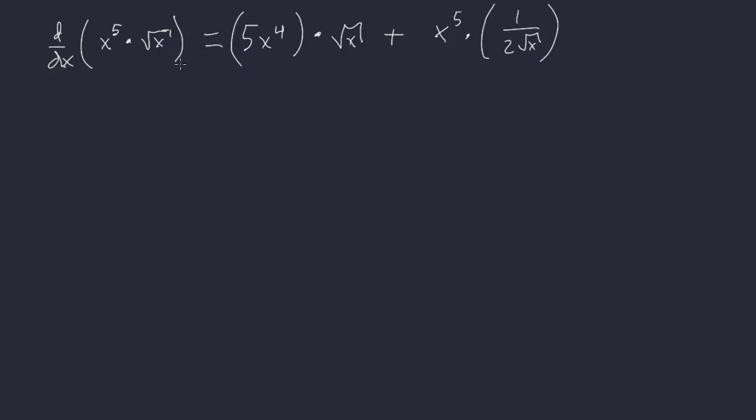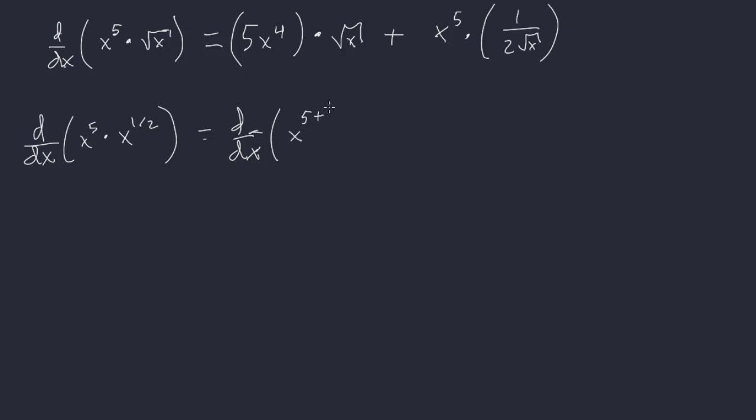Now what's interesting about this is we have actually given ourselves a new way to know about derivative rules, because the derivative of x to the fifth times the square root of x, well, the square root of x is just x to the 1/2. And when we multiply powers like this, we add the exponents.